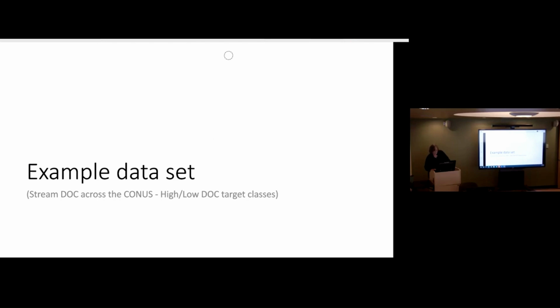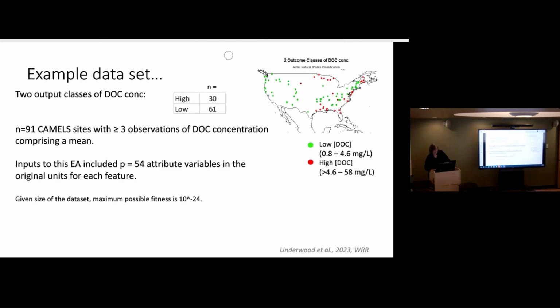The reason there were 91 observations is that we had to filter all the CAMELS sites from across the continental United States and find those sites that had at least 3 or more observations of DOC. It happened that there were only 91 sites that met that condition. So it's a smallish data set, but it was serviceable, it worked. There were 54 catchment attributes that we used as inputs in this case.